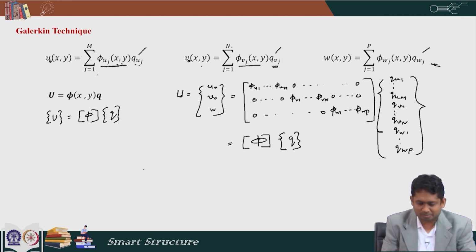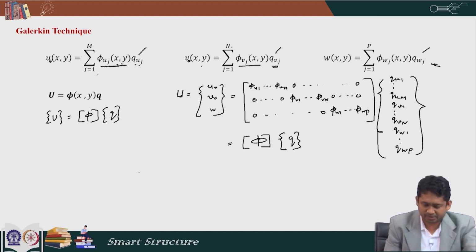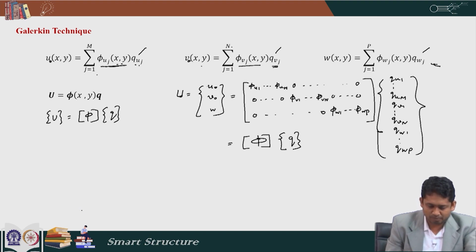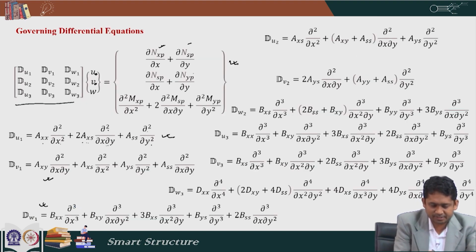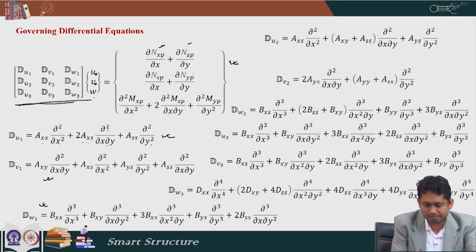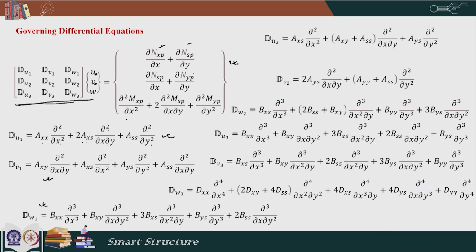So, now rest of the procedure, as we discussed for 1D problems, we follow a similar procedure, and so we define an error function. If we go back to the actual equation, the error function is just this: we subtract the right hand side from the left hand side, and ideally it should be 0, but because our solutions are approximate, there is some error, and that is our error function.